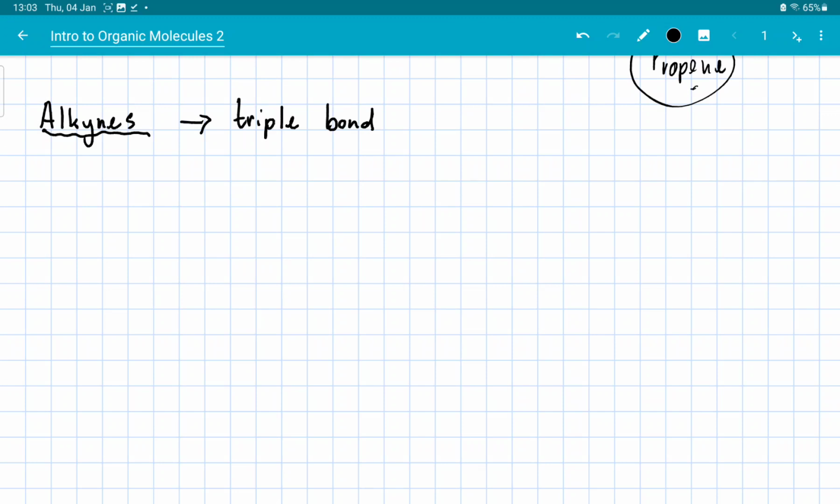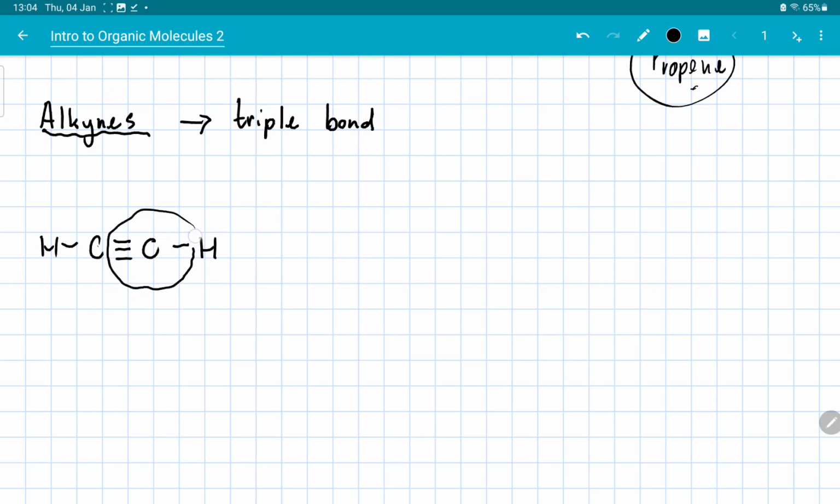For obvious reasons, it has to have a minimum of 2 carbons in order to qualify as an alkyne. Why? Because you need at least one triple bond between carbon atoms. So by that definition, this is an alkyne. Notice, again, rule of thumb, you must always have 4 bonds around each carbon atom.